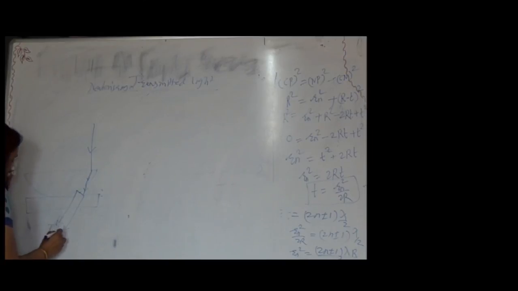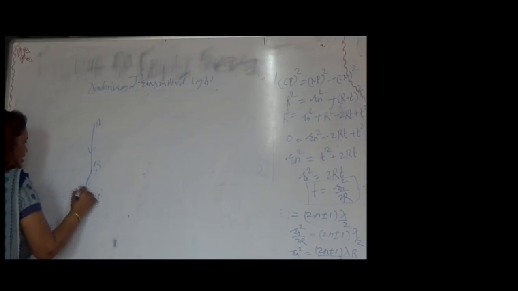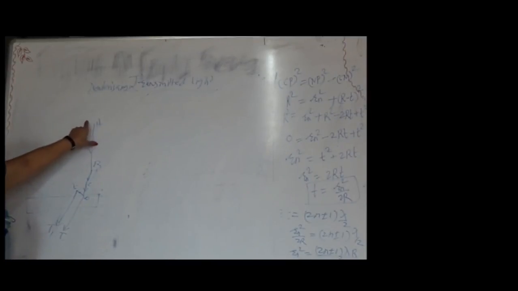Suppose these are T and T1, and this one is A, B, C, D and E. Now, in transmitted light, we consider AB as a monochromatic source incident on the plano-convex lens, and partial refraction takes place along the direction BC.